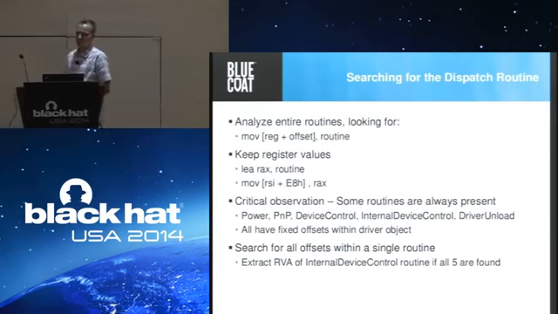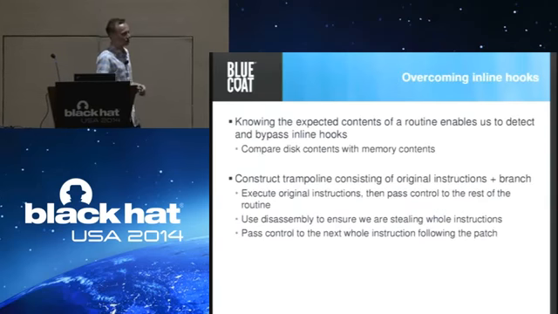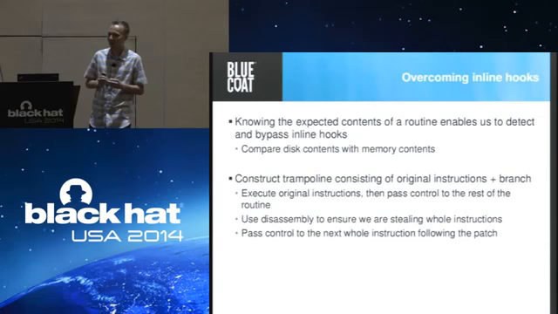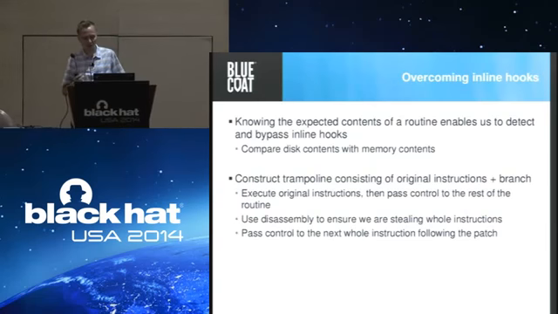If we find that, then we can extract the RVA corresponding to the internal device control routine and be pretty sure of having obtained the right one. In that way, we've obtained the original function pointer, meaning that we can bypass the function pointer hook.